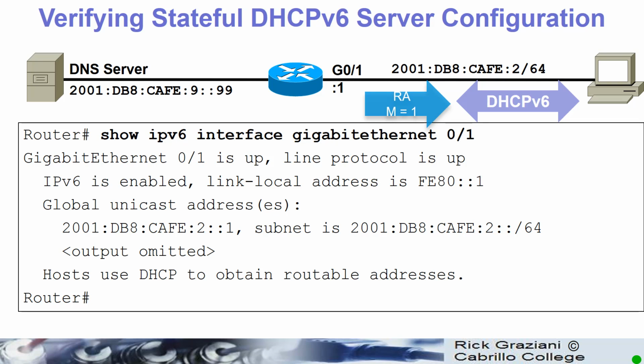If you want to look at it from an interface standpoint, show IPv6 interface and the appropriate interface. You can see that if it's using DHCP, it'll highlight a host using DHCP to obtain routing addresses. That's how you can verify it's getting the appropriate information.